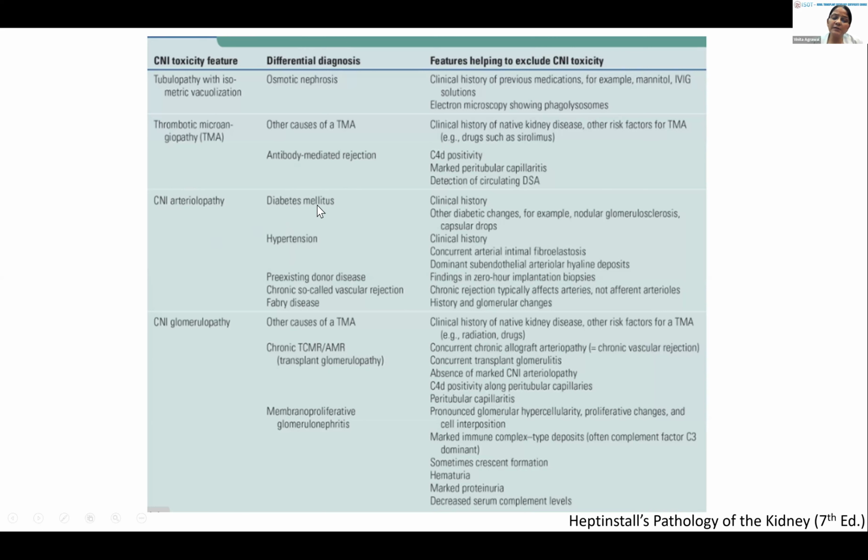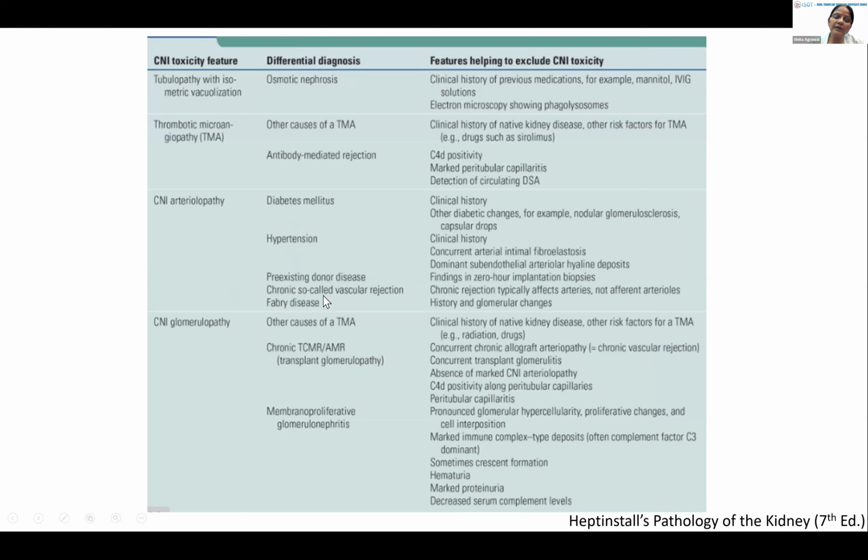So in diabetes, basically the clinical history is important. You will also find nodular glomerulosclerosis, and of course, the hyalinosis that you see basically is in the intima. In hypertension, you may also see a similar type of hyalinosis, but again, you also have intimal fibroelastosis, and the arteriolar hyaline is basically subendothelial. In pre-existing disease, of course, you can look at it in the zero-hour implantation biopsies, and primarily it is either due to diabetes, hypertension, or age-related.